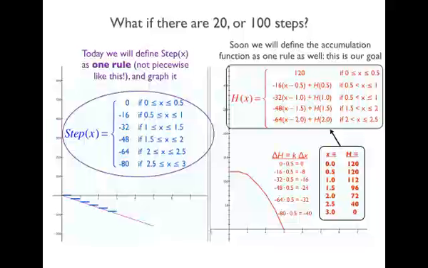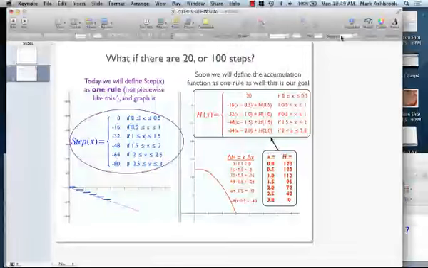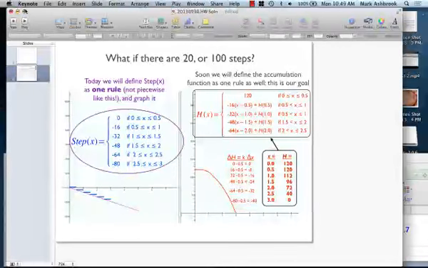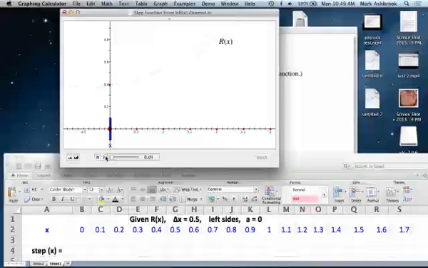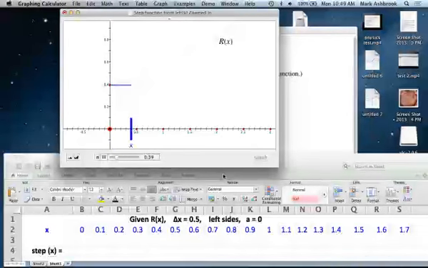So does this make sense? What we're trying to do? We want to be able to write the step function with one rule instead of a zillion. Okay. So let's go back to what we did last time. This is that same thing we looked at last time.